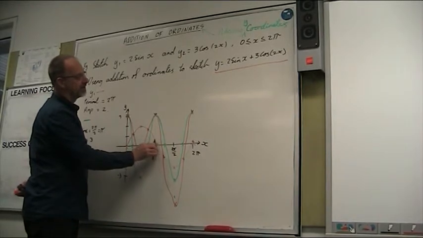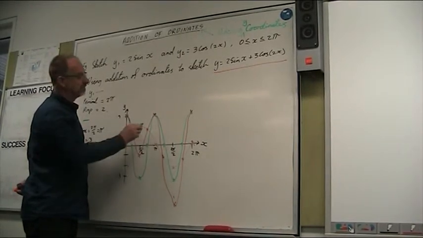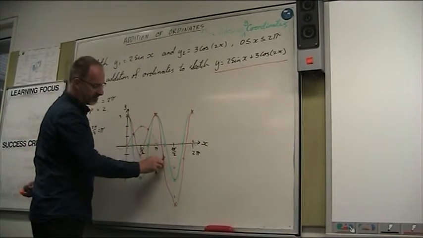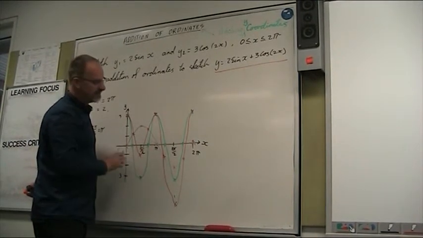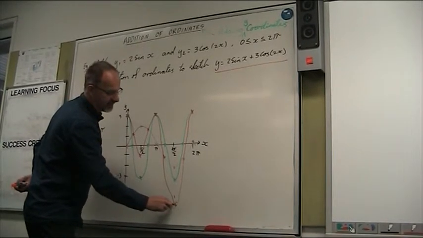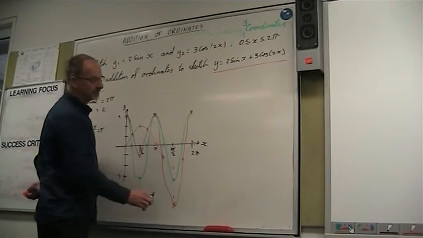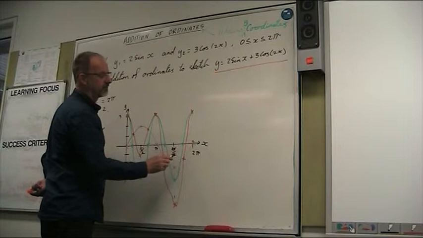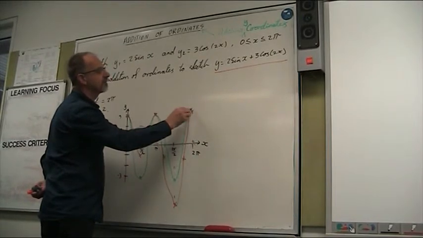Here at pi, 0 plus 3 is 3. Here, 0 plus whatever that is. Here I've got negative 2 and negative 3, so we're down here at negative 5. 0 plus whatever that is still that. And 0 plus 3 is 3.